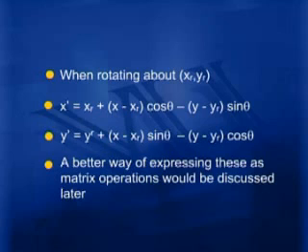In that case, after rotation, the coordinates of the new points would be x dash, y dash, and x dash would be calculated as xr, the x coordinate of the reference or pivotal point, plus x minus xr cos of theta minus y minus yr sin of theta. And similarly for y dash it would be yr plus x minus xr sin of theta minus y minus yr cos of theta.